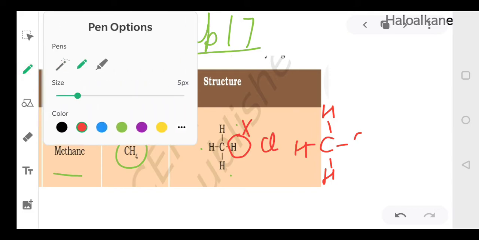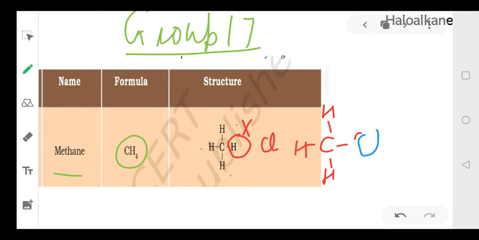So let's write it with a different color so that you can clearly identify. So this is chlorine. So this chlorine atom has replaced hydrogen.